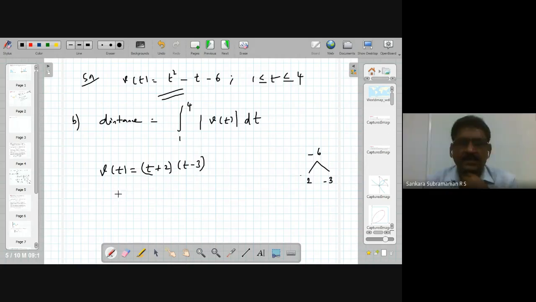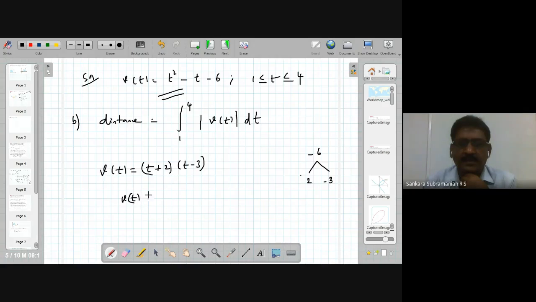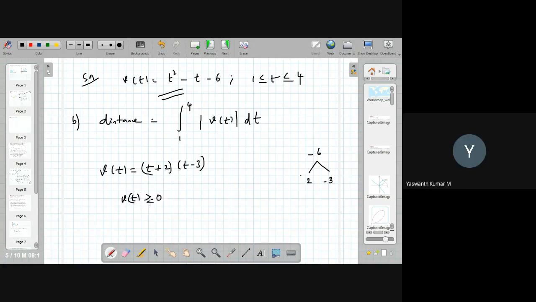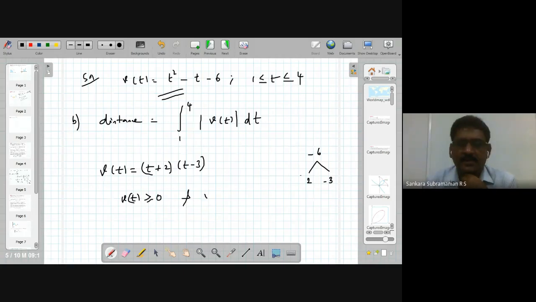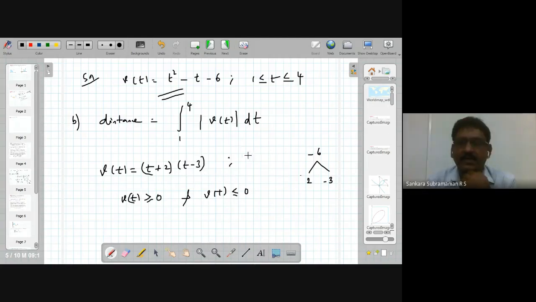Now the question is, when V of t will be greater than or equal to 0, and when V of t will be less than 0. Note that t is defined between 1 and 4.